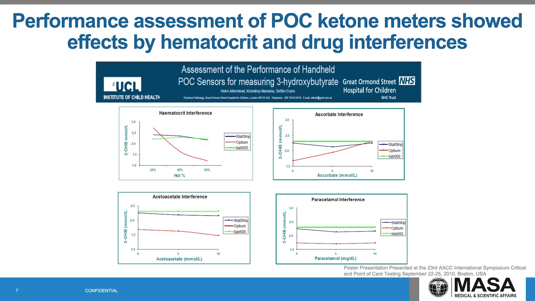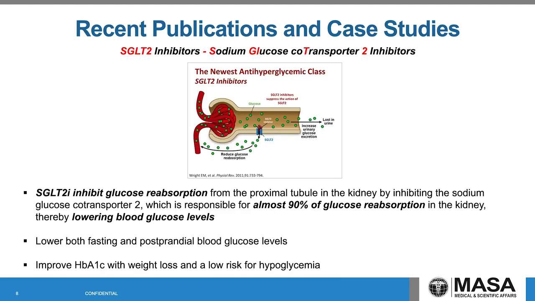They show a very significant hematocrit interference, similar to before, but also ascorbate interference. As we know, a high concentration of intravenous vitamin C can cause significant interference for both glucose and ketone measurements, as shown in this case as well.